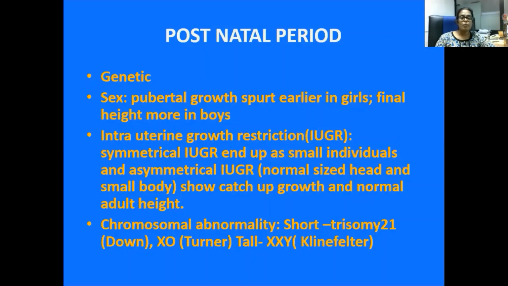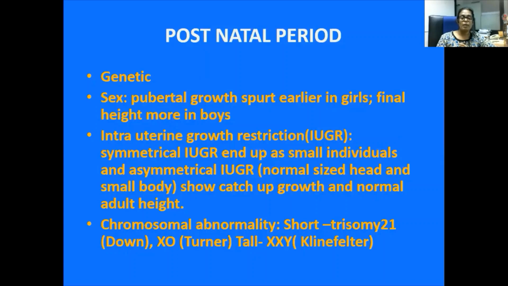So why does this happen? When the nutritional restriction occurs early in pregnancy, the head, body, everything is shrunk, or the number of cells and the size is reduced. However, if the malnutrition occurs later in fetal life, the head is spared, right?